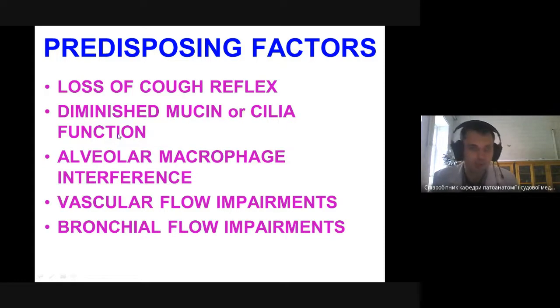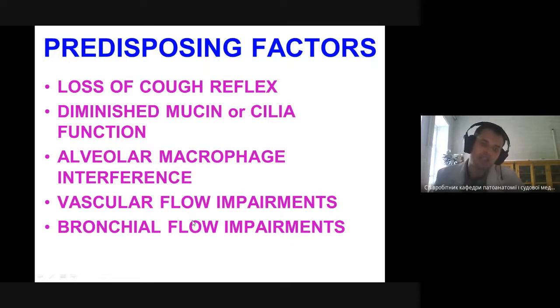Diminished mucin or ciliary function. You know, in people with cystic fibrosis or Kartagener syndrome, pneumonias are extremely common. Why? Because their bronchi don't clean their air properly. Alveolar macrophage interference. So alveolar macrophages are important for defense from bacteria.